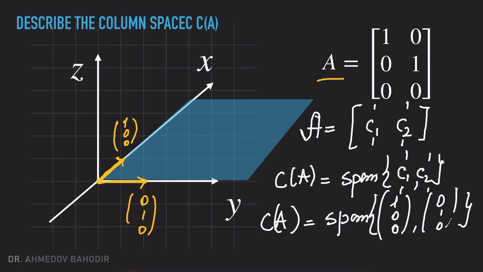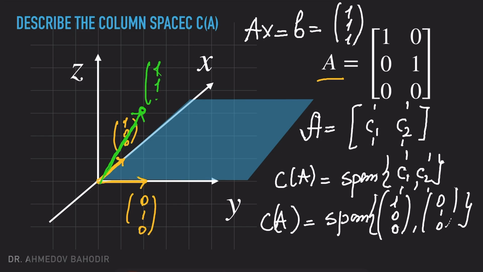And if I would like to solve a system of linear equations with this matrix in the form of Ax equals b, and let's say this b is the vector 1, 1, 1, it's going to tell me that the system doesn't have a solution, right? Because the 1, 1, 1 vector is going to be somewhere here, like this vector.